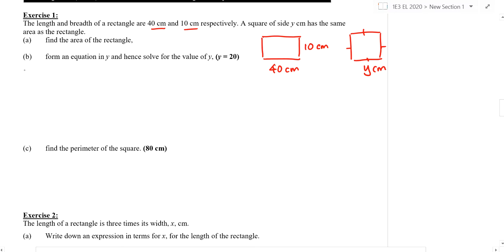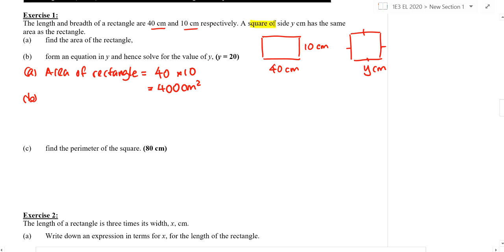So part A, to find the area of the rectangle is straightforward. Area. We use length times breadth, so 40 times 10, arriving at 400 square centimeters. In part B, to form an equation in y and solve for the value of y, we will have to make use of the relationship mentioned over here.